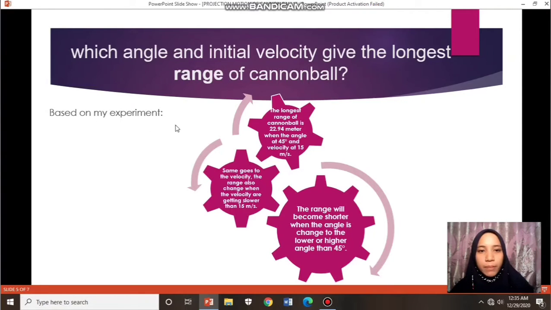Okay, based on my experiment, the longest range of cannonball is 22.94 meter when the angle at 45 degree and velocity at 15 meter per second. The range will become shorter when the angle is changed to the lower or higher angle than 45 degree. Same cause the velocity, the range also changes when the velocity are getting slower than 15 meter per second.